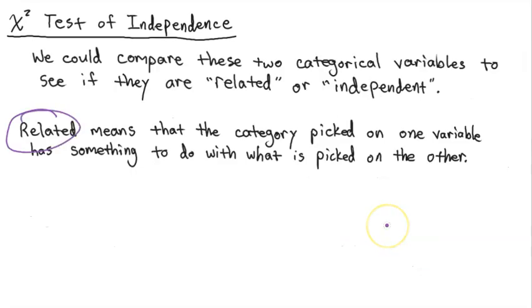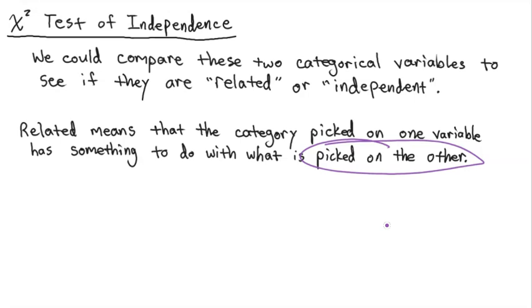Related means that the category they pick on one variable, whether it's online class or early morning class or weekend class, has something to do with what they picked on the other variable. It could be that the people who prefer morning classes are also the kind of people that might go to bed earlier in the evening. I don't know that for sure, but it's a possibility. And if that was true, then the two variables would be related.